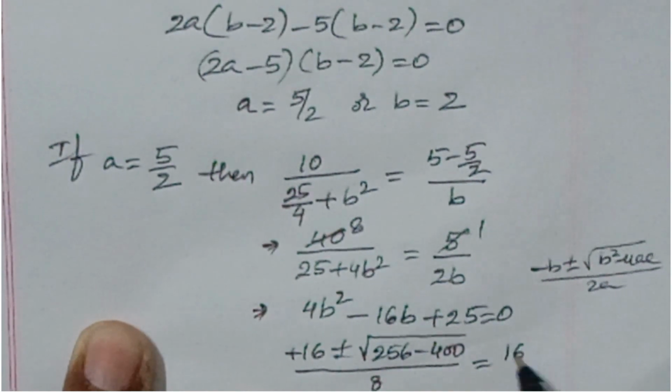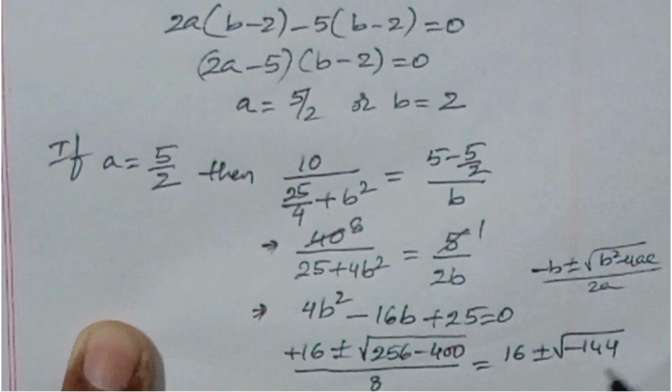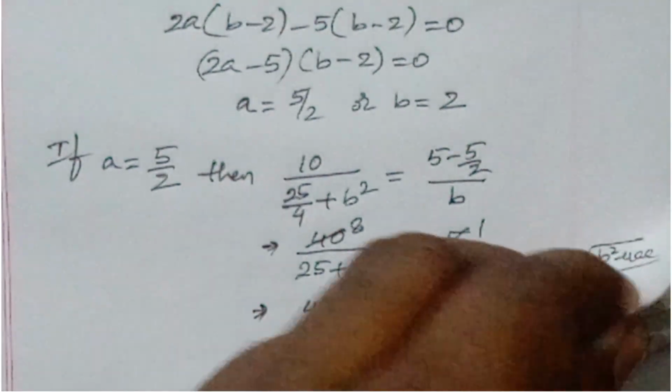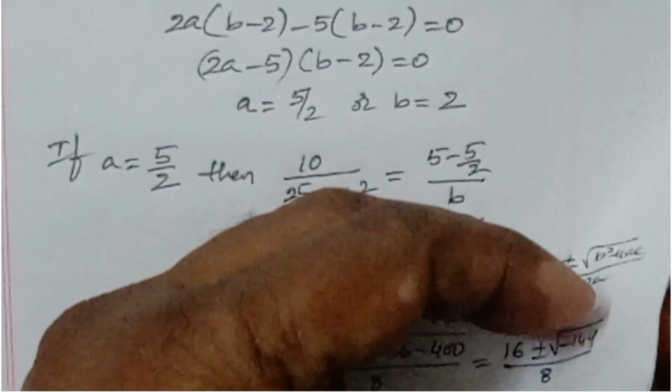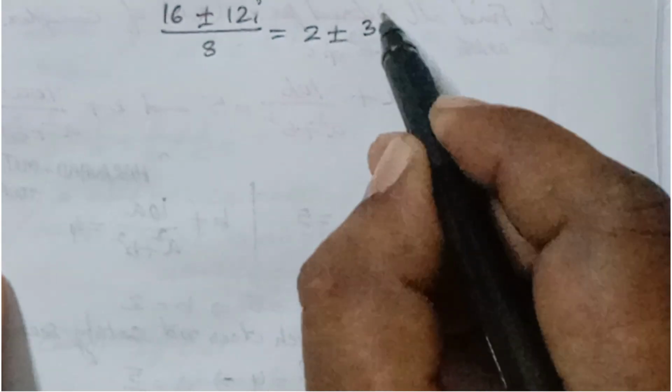So here 16 plus or minus root of minus 144 over 8. So here what will get, 16 plus or minus 12i over 8. This can be written as 2 plus or minus 3i over 2.